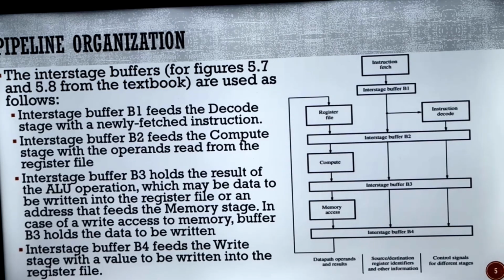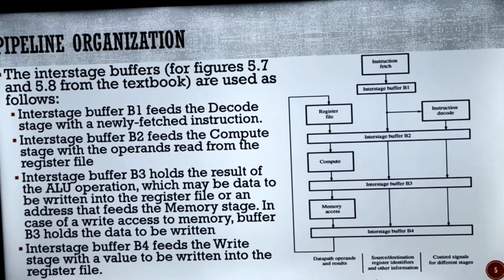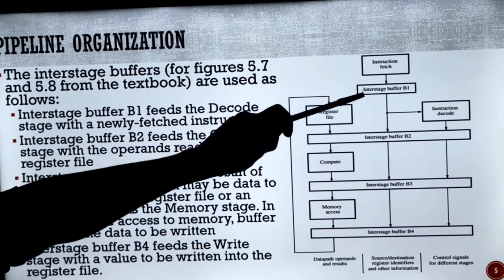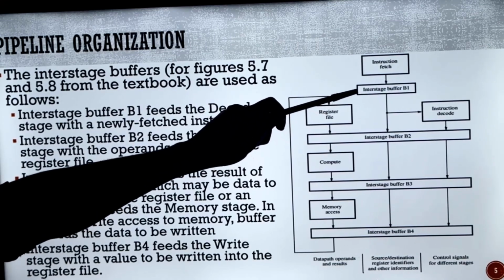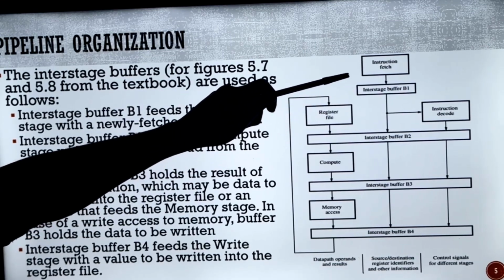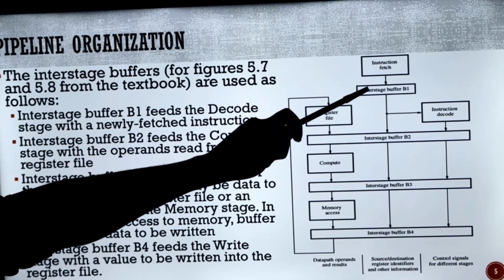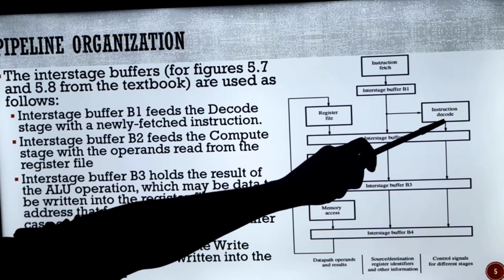Now, if you draw a block diagram of the pipeline, this is how it looks. See what we have? Initially we have instruction fetch, then immediately after that we have a buffer. Obviously we need a buffer, otherwise there may be some collision. Through the buffer only, whatever instruction you have fetched will be forwarded to instruction decoding.